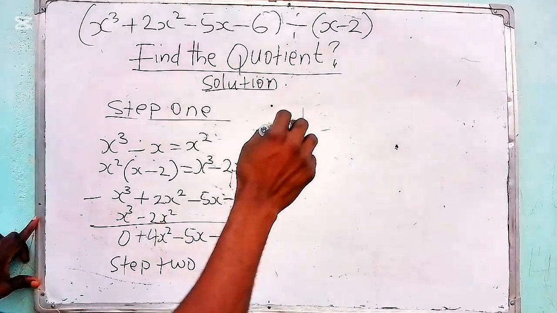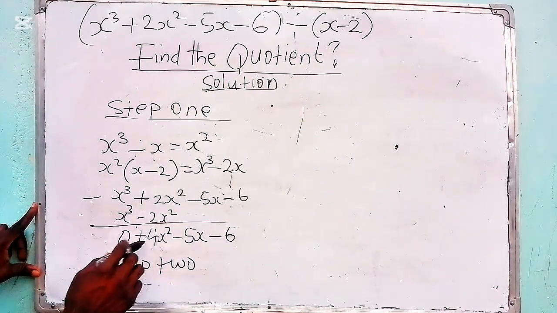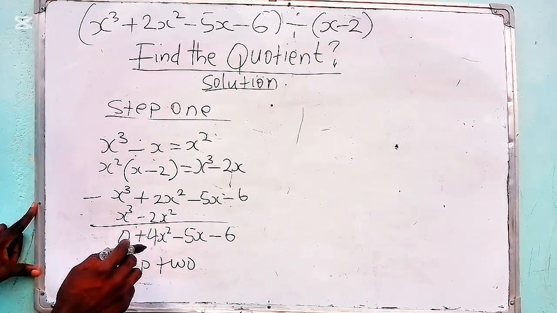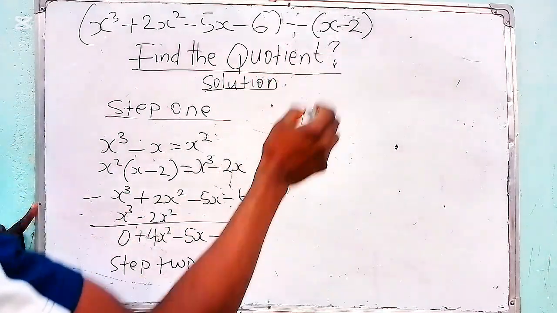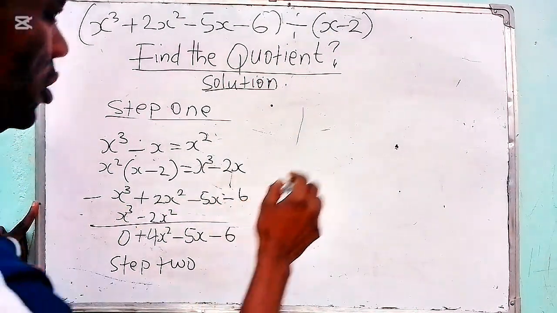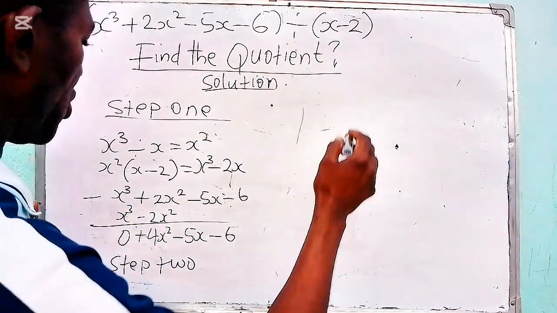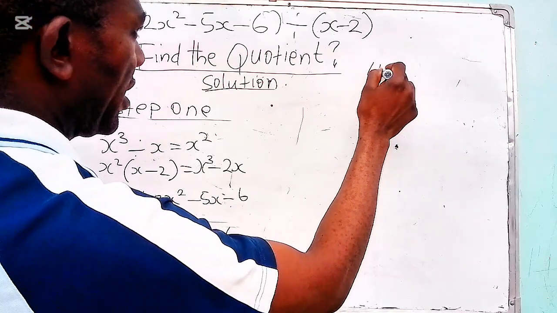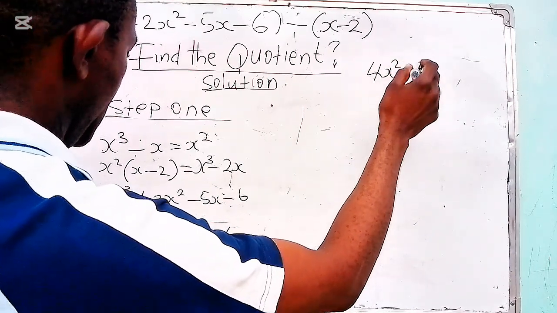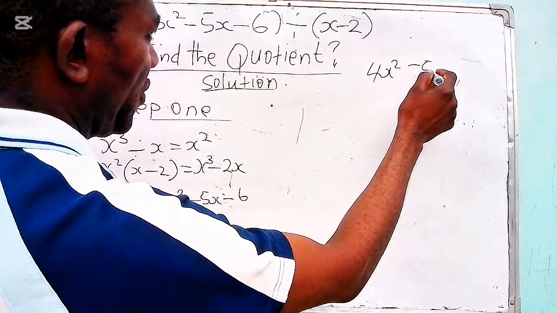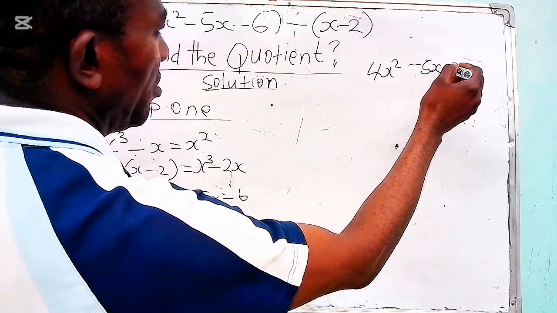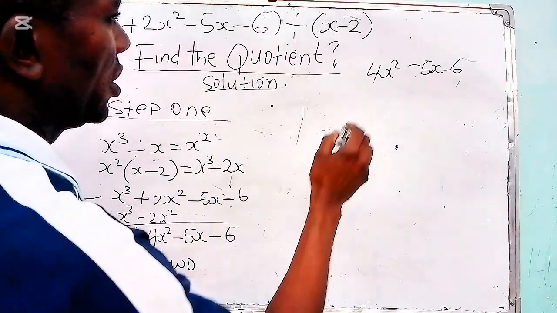So step 2. In step 2 now, we're going to divide this by x minus 2. So let's come up to this side so that we can see properly. 4x squared minus 5x minus 6.